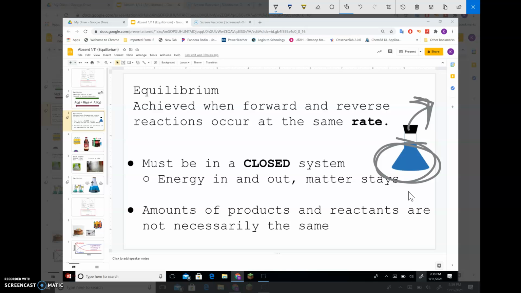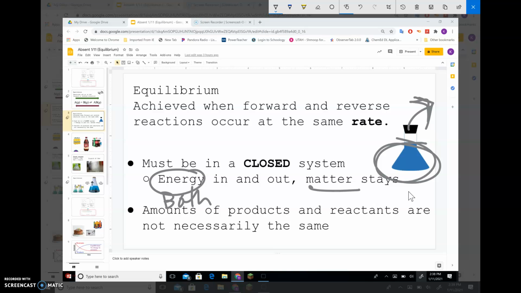Or we can decide to just dump it out or drink it, okay? So the difference in a closed system versus an open system is that in an open system, we can change the amount of matter. And in a closed system, we can't. But both of them deal with energy. Okay, both open and closed deal with energy. So that, again, is letter A.